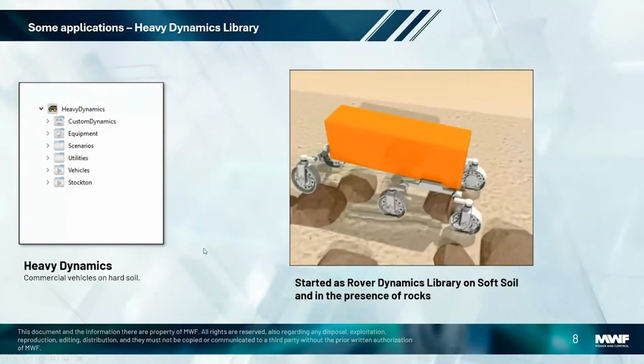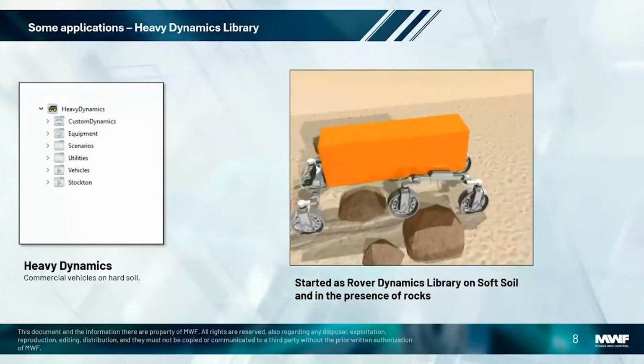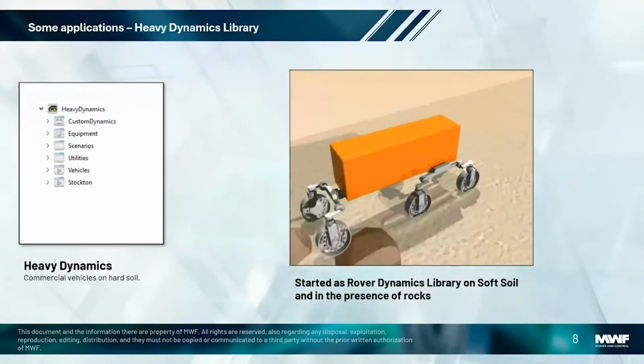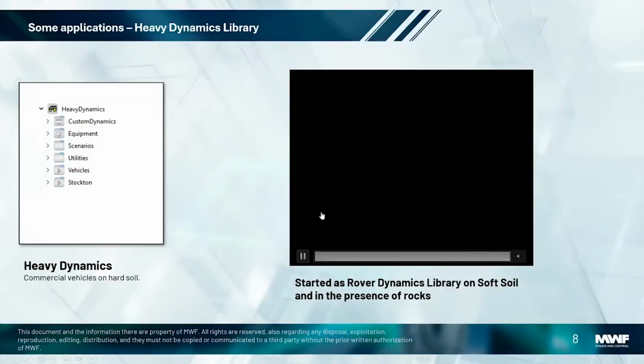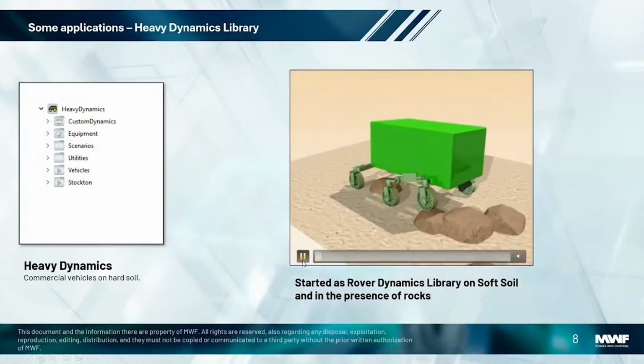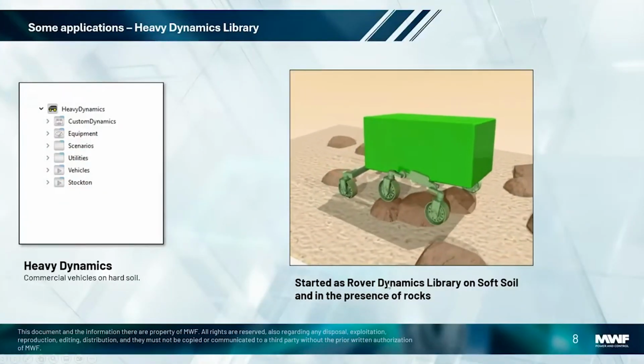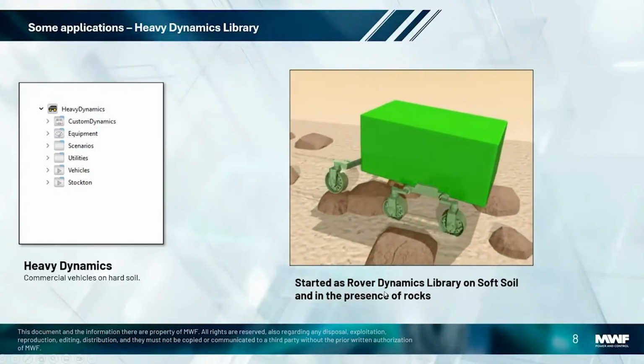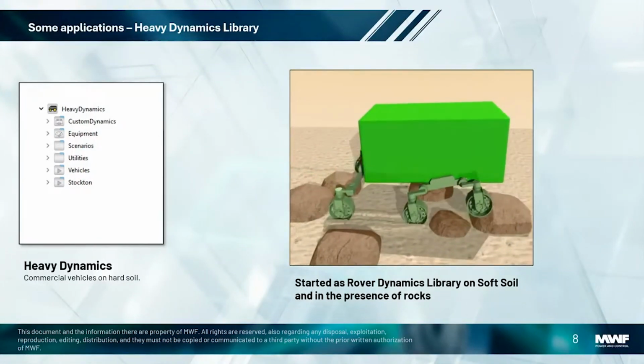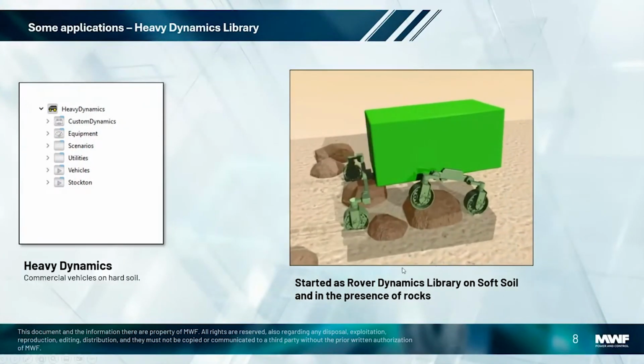This first version was very important to give us the basis for the development of the contact models, which are the most important features that we have in the current version of this library.